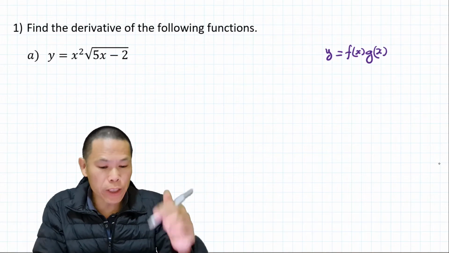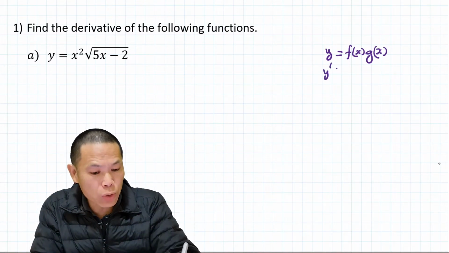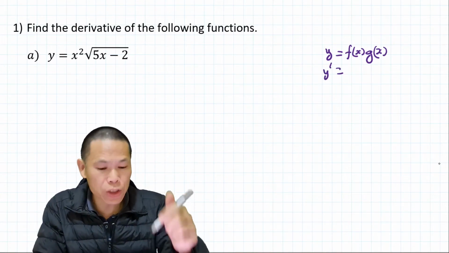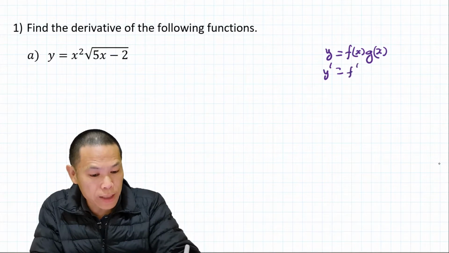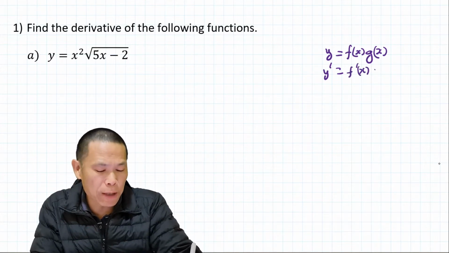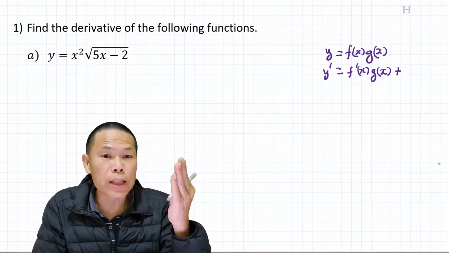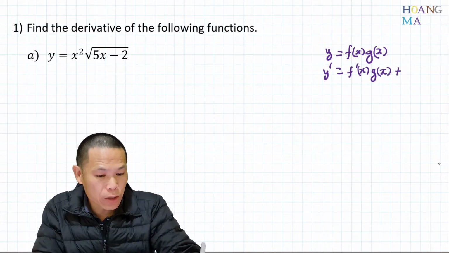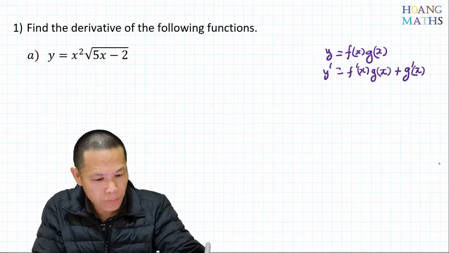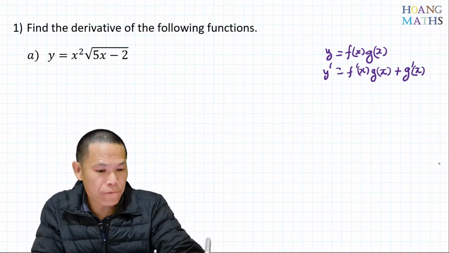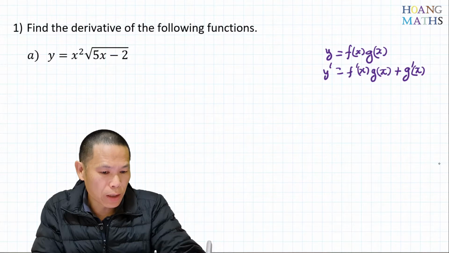The product rule is y dash equals, we differentiate the first function, that is f dash x, and then we times by the second function. We differentiate the second function, that is g dash x, and then we times by the first function, which is f of x.